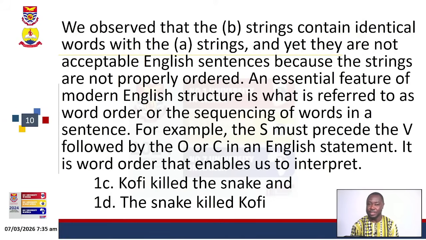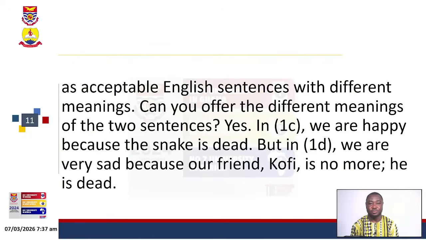You would be tempted to think that because the words are the same, the meanings are also the same. We have how many words? 4 words in sentence 1D. We also have 4 words in sentence 1C. The same words, but are they the same meanings? No. These are acceptable English sentences with different meanings.